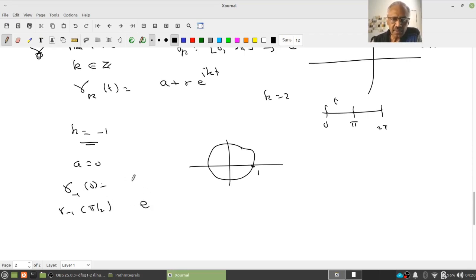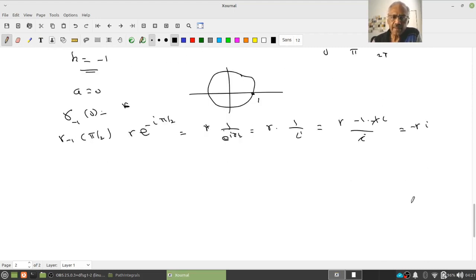That is r e power minus i pi by 2. That means 1 by e power i pi by 2, but that is r times 1 by i, that is r times minus i. Do you understand that? Yeah?